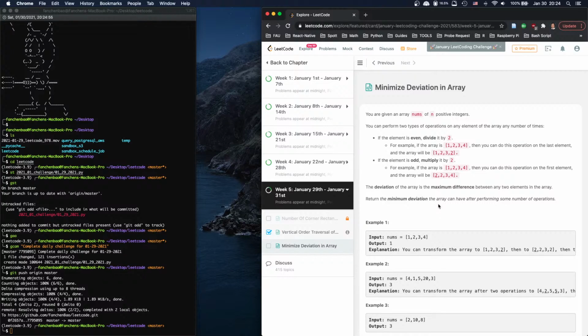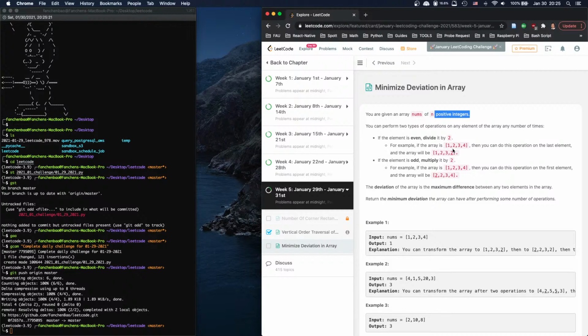Let's see. Minimize deviation in an array. You're given an array nums of n positive integers. Okay, we're dealing with positive integers. You can perform two types of operations on any element of the array any number of times. So any element, any number of times. If the element is even, divide by 2.